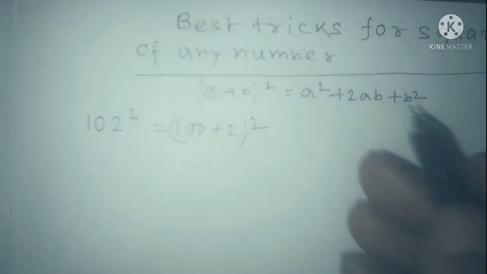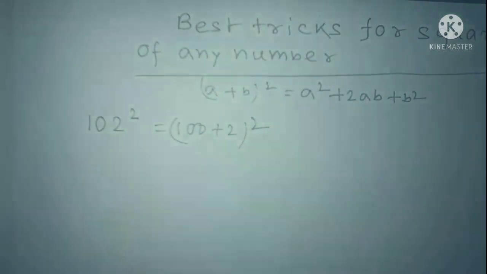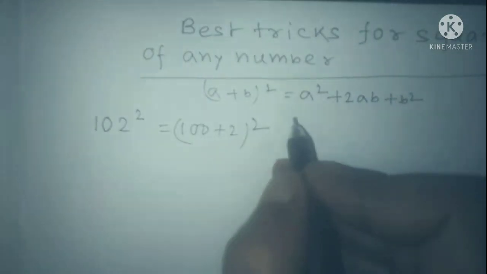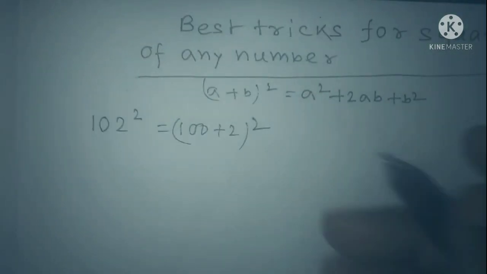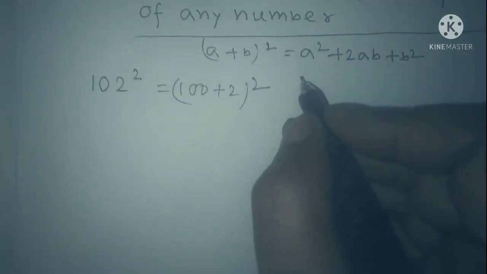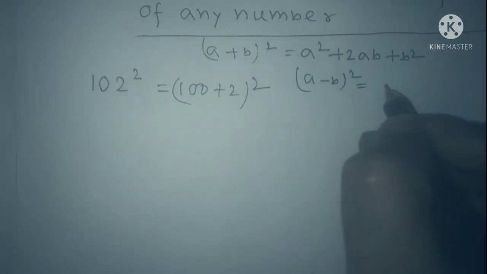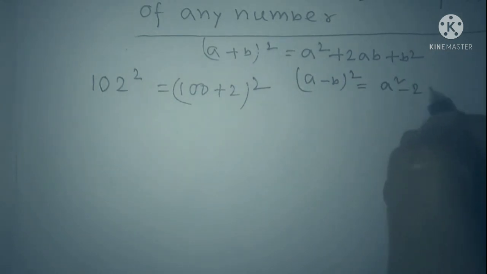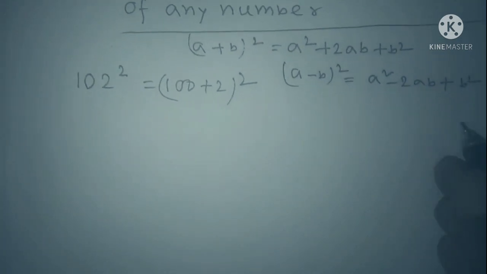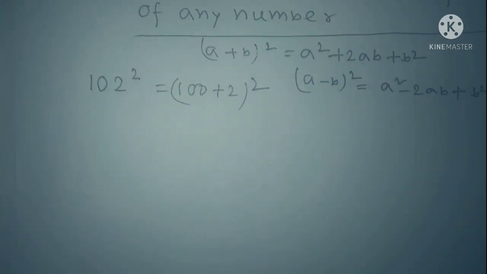The second formula: a minus b whole square is equal to a square minus 2ab plus b square. You have to remember only these two formulas to find the square of any number.